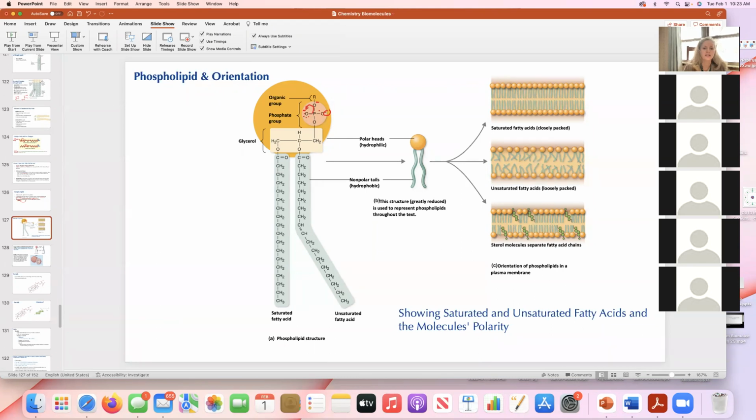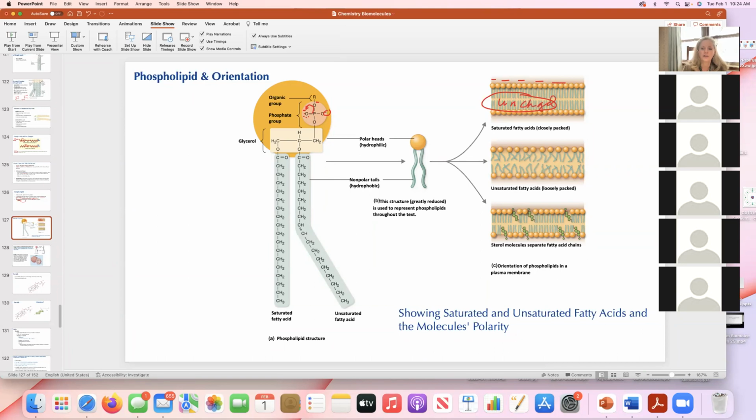It's all very negatively charged organic head of the phosphate group. So these will line up in a row. Phosphate heads with their negative charges, and all this is going to be uncharged.